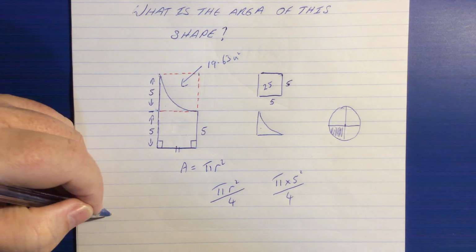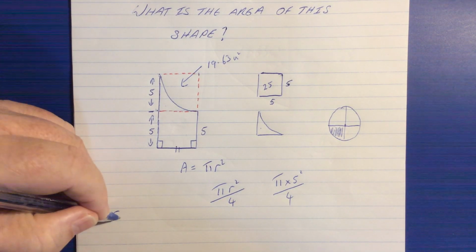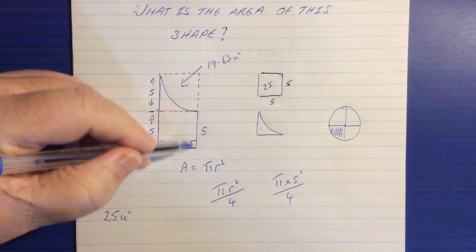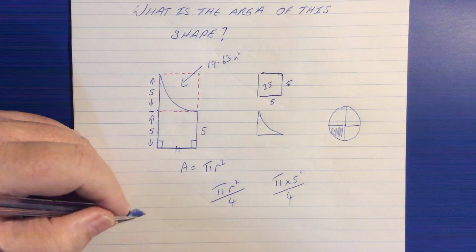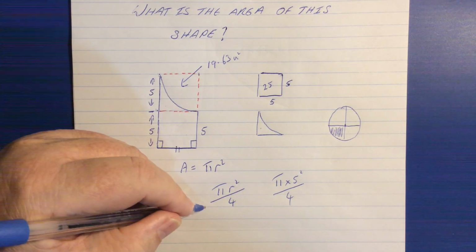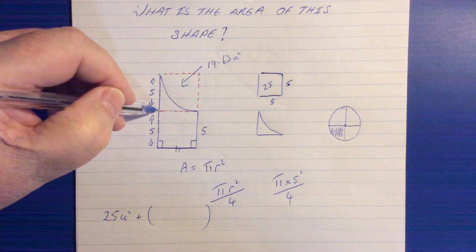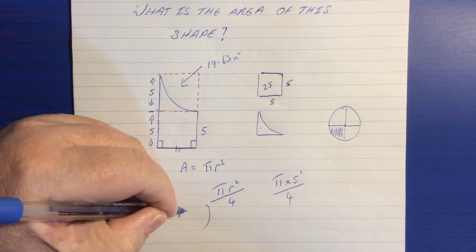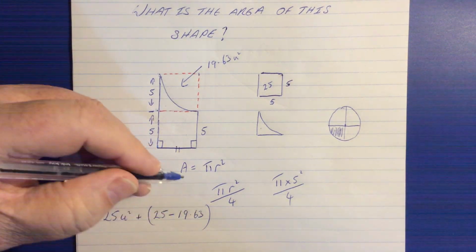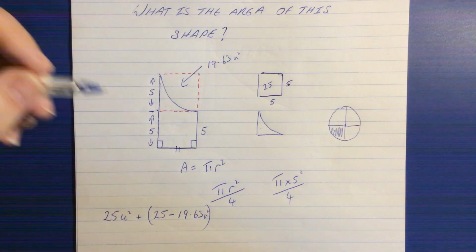So we have 25 units squared for this part of the diagram, and we're going to add to that 25 for this minus the 19.63 units squared.